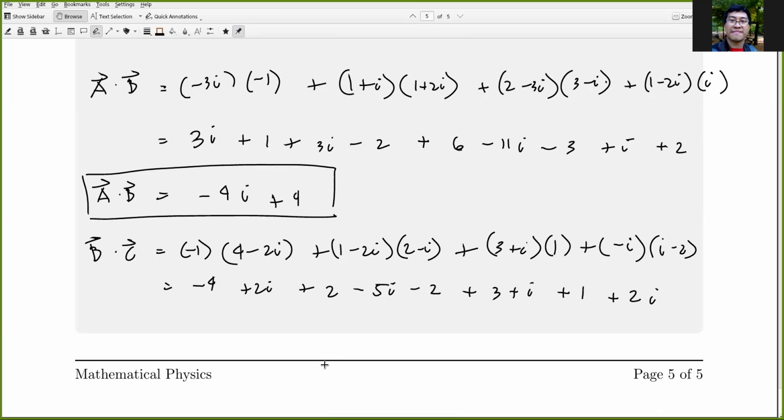So minus 4, 2, that's minus 2, minus 2, that's minus 4 again. 3 plus 1, that's 0. 2i minus 5i, that's 3i. Minus 3i plus i, that's minus 2i, plus 2i, that would be 0. So the inner product of B and C is 0, which means that B and C are orthogonal.